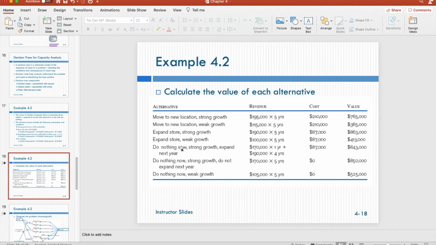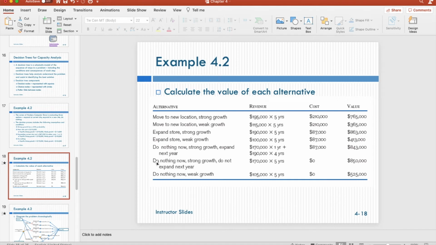So if you do nothing now, and then at the end of year 1, if you see a strong growth, you say, this is actually very good. This product is worth for us to further invest, and then you may decide to expand at the beginning of the second year.